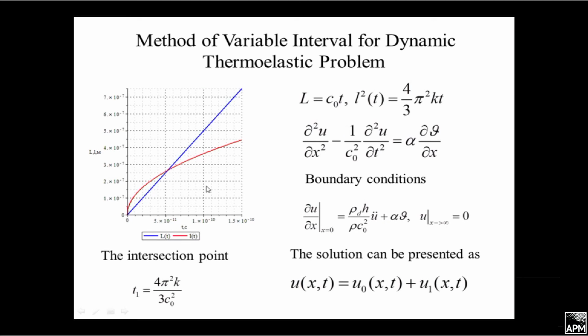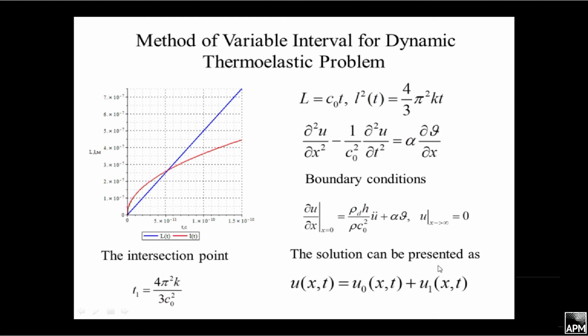And now our problem is to evaluate the stress and strains far away, on the right side of this graph, where the blue line is above the red line. A classical solution works well in the region near this intersection point.